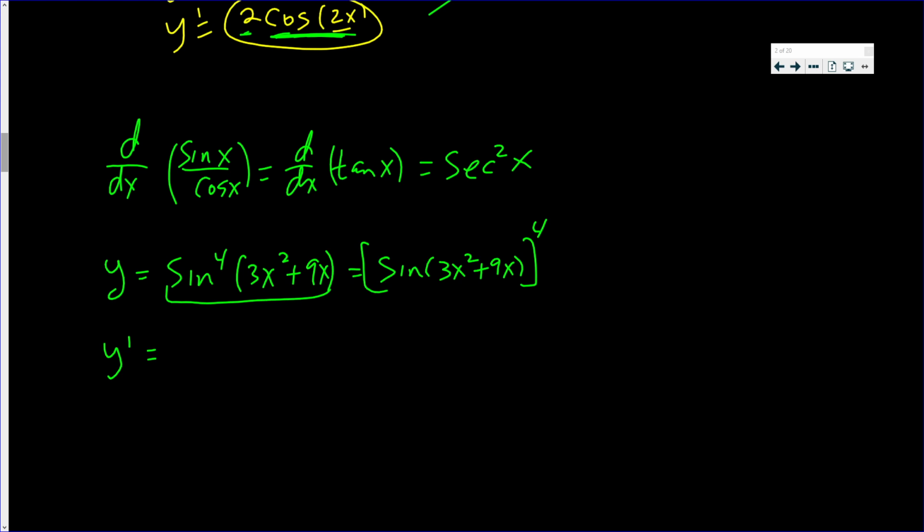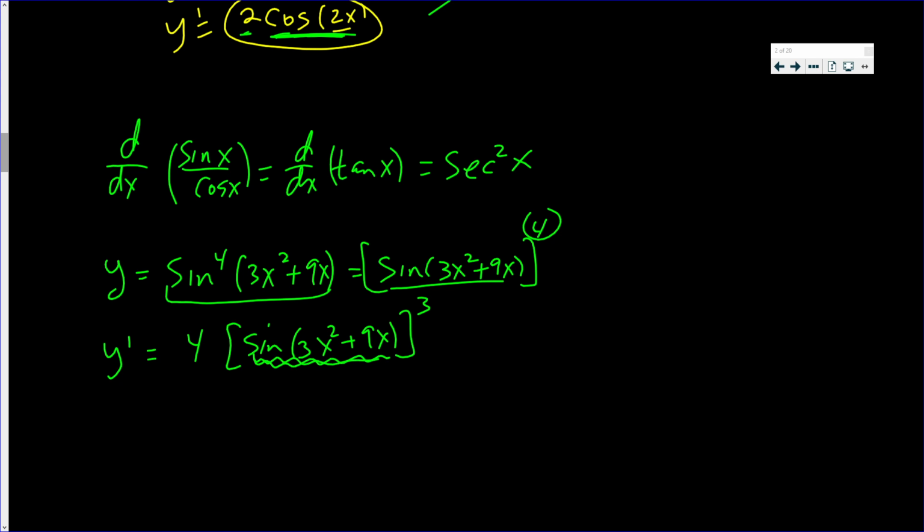If you have a function to the 4th power, first you just play games with the power. You bring the power down, you make the new power 1 less. And then you go, okay, then I'm going to take the derivative of this. I'm not going to take into account anything I've done prior to this. I am going to take the derivative of this.